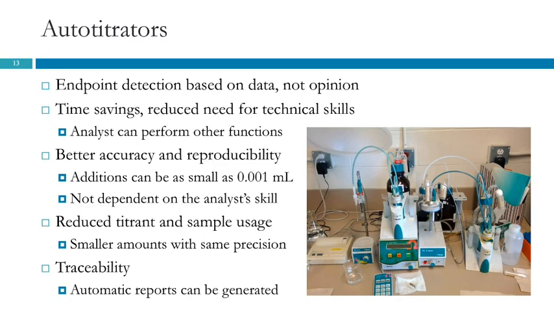So when your additions are that small, now we don't need 20 milliliters of titrant. We can use smaller volumes and still get the same precision. We can also then use smaller samples. And so that kind of gets into this next one, reduced titrant and sample usage, so that can save money, right? And you also have the issue of waste disposal, and effect on the environment.